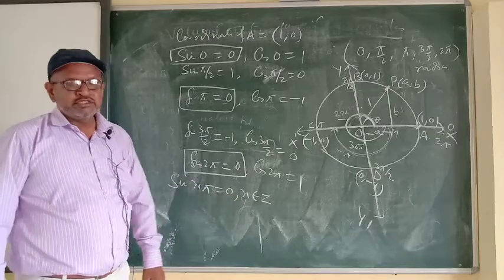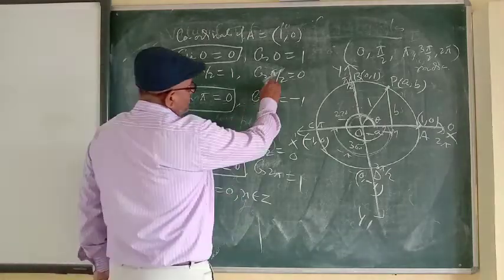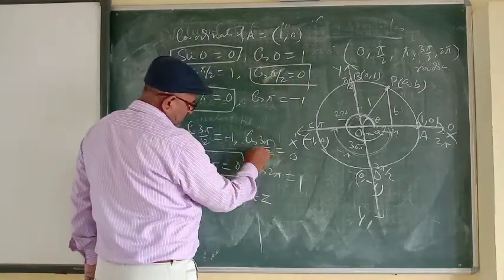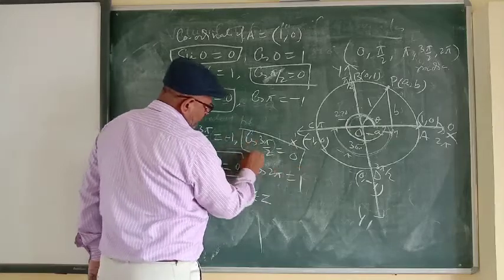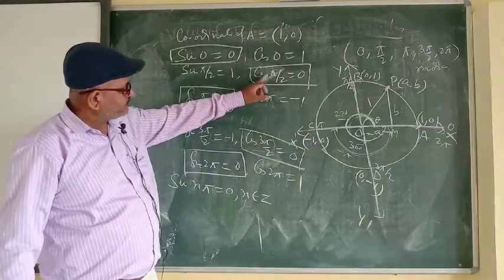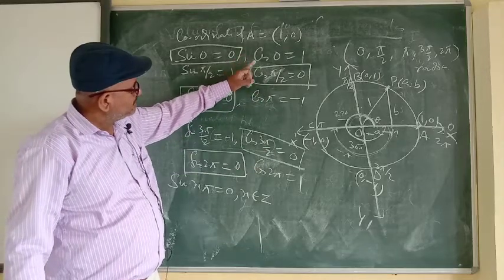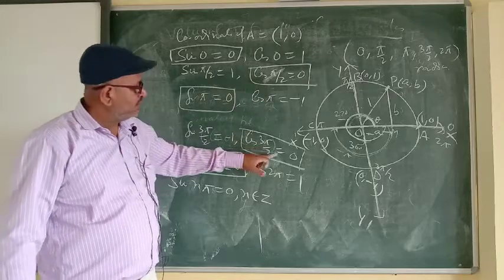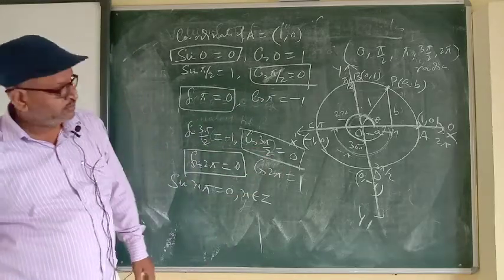And see, cos pi by 2 is equal to 0, and here cos 3 pi by 2 is equal to 0. So we see that if the angle is an odd multiple of pi by 2, here 1 pi by 2, here 3 pi by 2, then the value is coming 0.